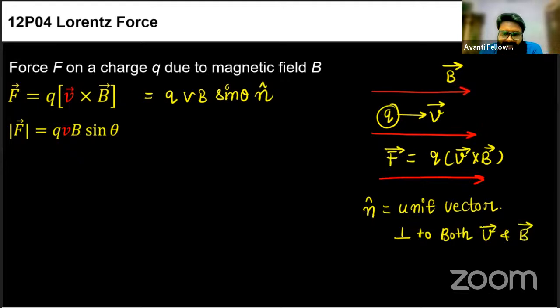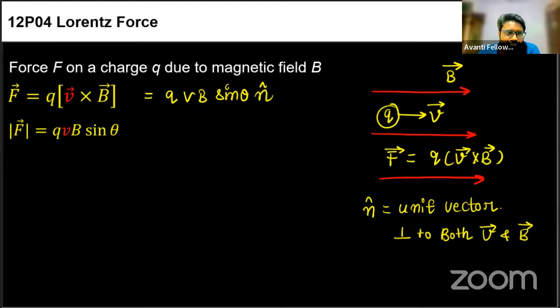These three, v, B and F, the velocity of the charge particle, the magnetic field, and the force on the charge particle, are mutually perpendicular to each other.